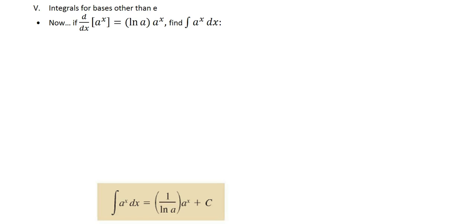Now we're going to take a look at the integrals of bases other than e. So if we know that the derivative with respect to x of a to the x is the natural log of a times a to the x, and we want to use that to find the integral of a to the x with respect to x, I'm going to start by taking the integral of both sides with respect to x.